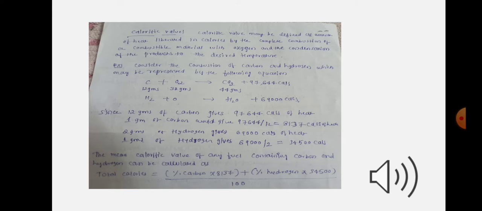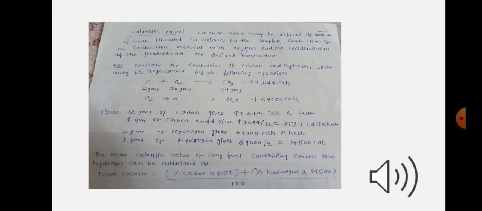So, on the basis of this, the mean calorific value of any fuel containing carbon and hydrogen can be calculated as total calories equal to percent carbon into 8137 plus percent hydrogen into 34500, divided by 100.